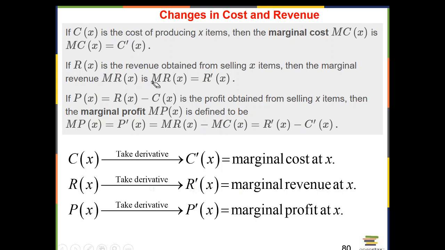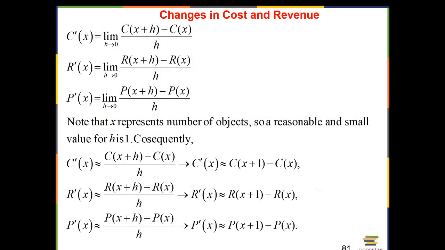Now, something interesting happens in business, and that is, well, we know these are the definitions of derivatives, right? But remember, x here is actually an integer, right? Is a positive integer. So when we want to approach some number, we cannot go in the middle of these numbers, because number of products can only change from like 2 to 1 and then to 0, right?